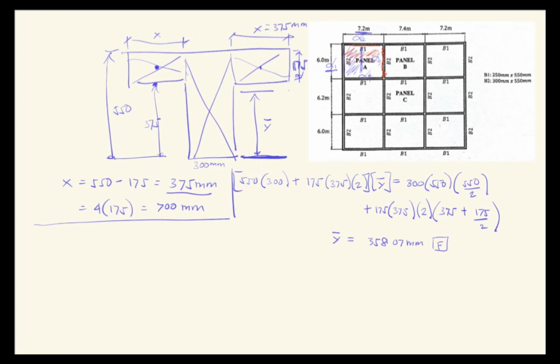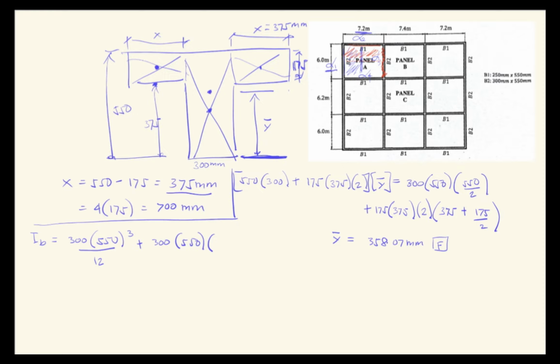So then IB is equal to 300 multiplied by 550 cubed divided by 12 plus 300 by 550 multiplied by the square of the distance from the centroid of the cross section being considered to the centroid of the overall cross section.